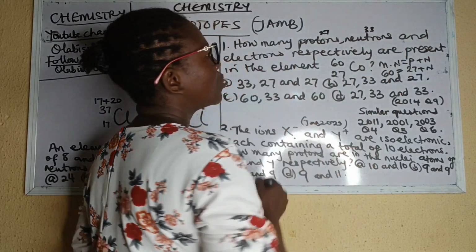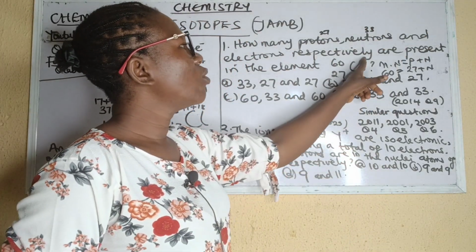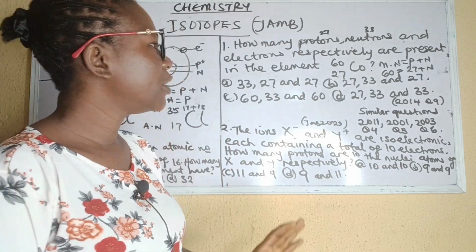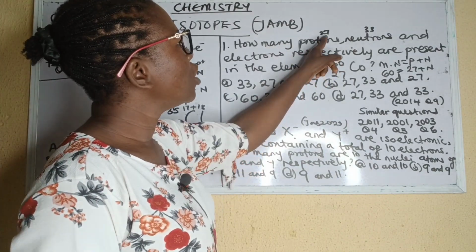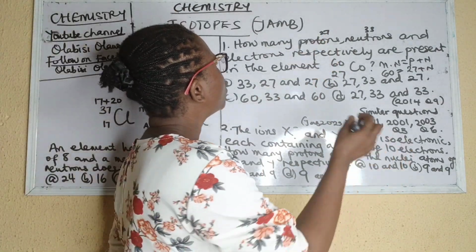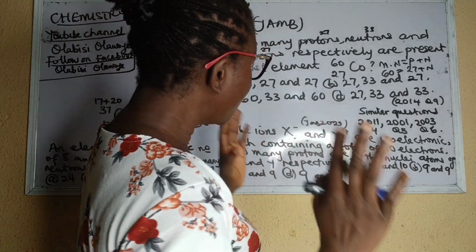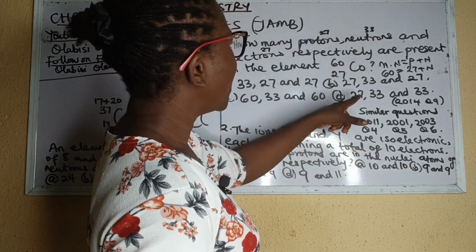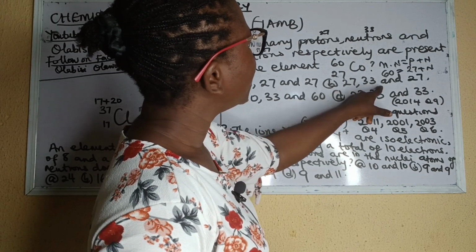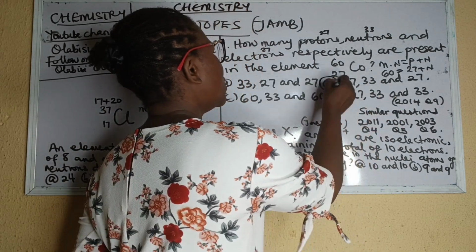The electrons: since this element has not given out or gained any electron, the number of electrons is equal to the number of protons, and that is 27 also. So the best answer, in the order proton, neutrons and electrons, is 27, 33 and 27. So the best option is option C.